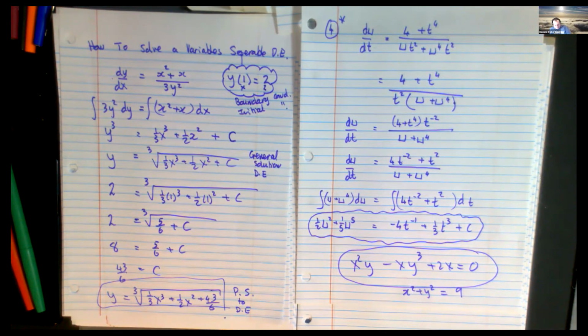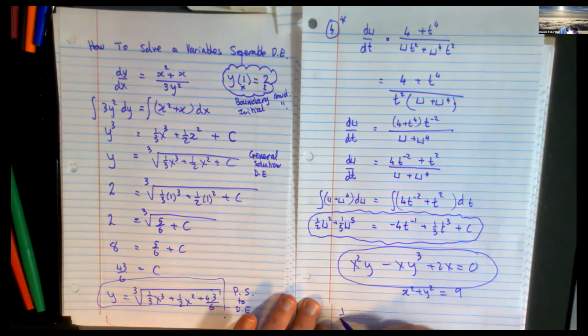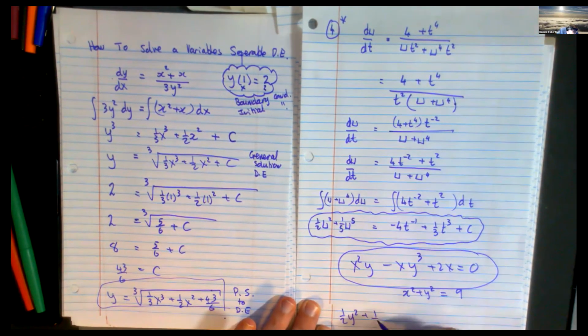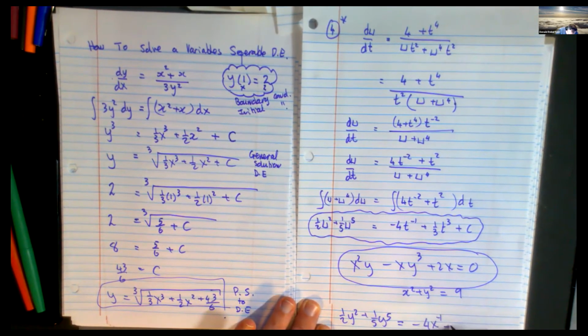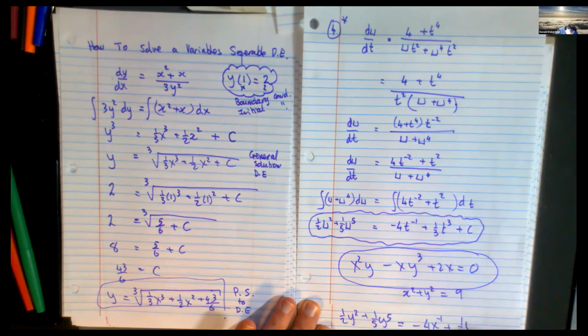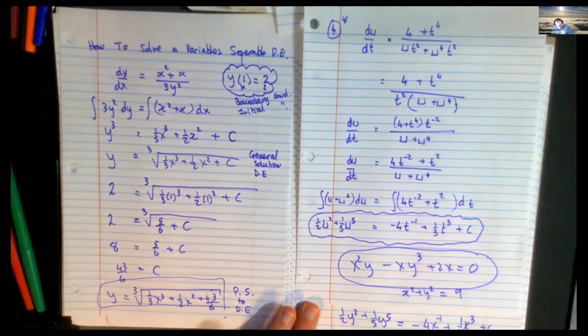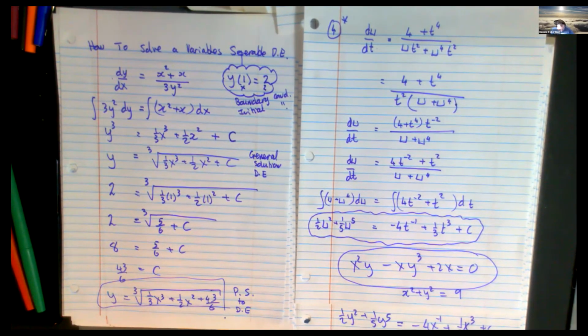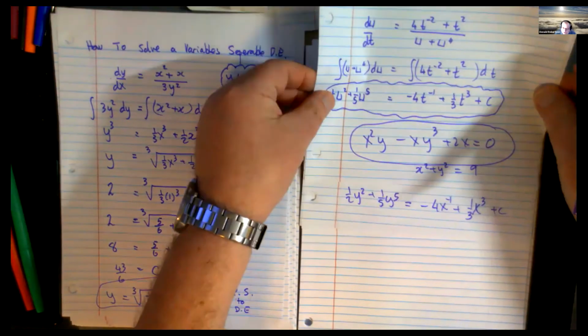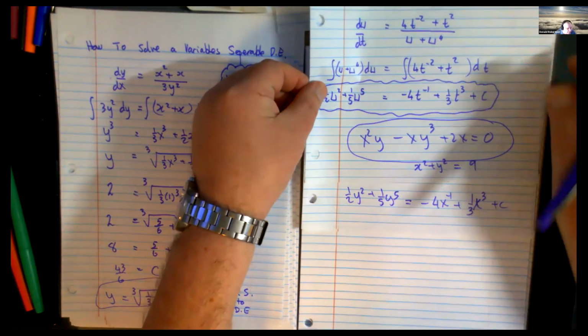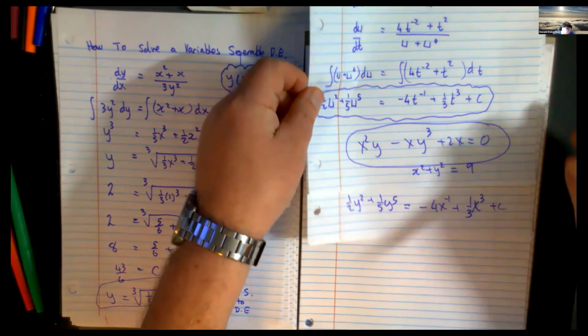The x's and y's are all jumbled up, right? This here is a bit like a half y squared plus 1/5 y to the 5 is equal to 4 of this plus a third of this plus 5 or something. This is fine. This is implicit.